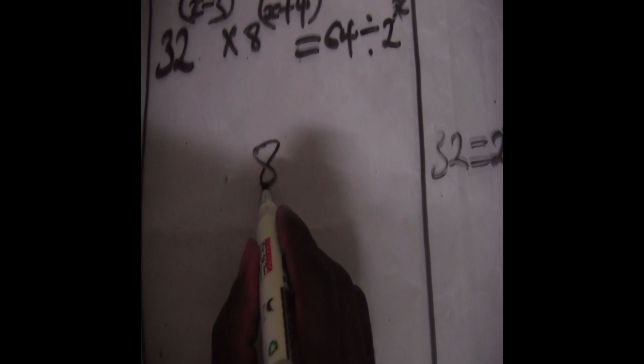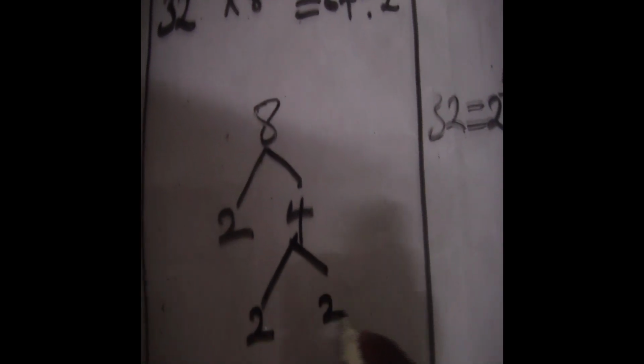I'm going to move fast. So it's 2 4, 2 2. So it's 1, 2, 3. And then on our side we write 8 is equals to 2 raised to power 3.